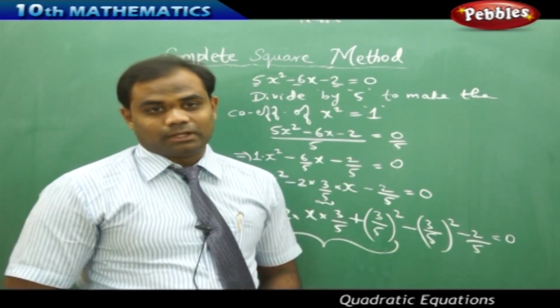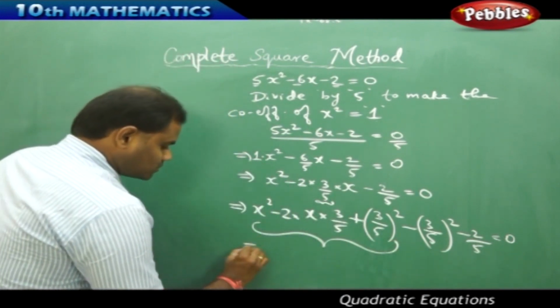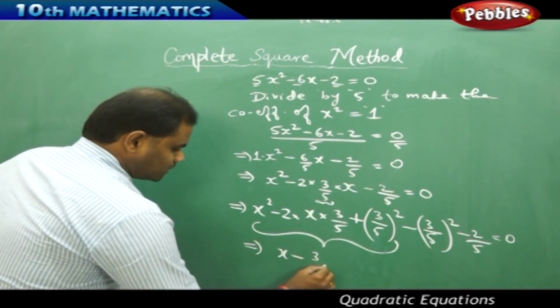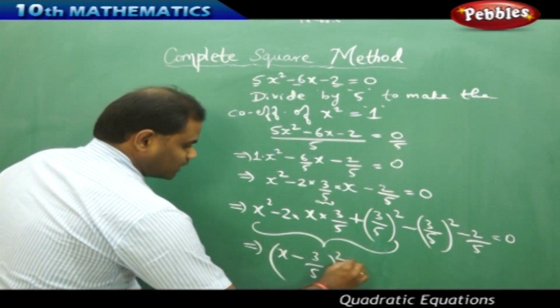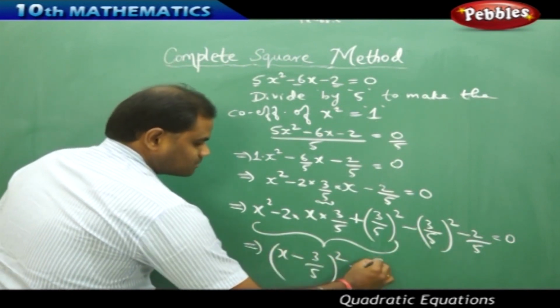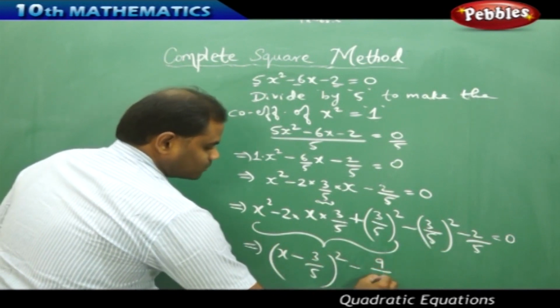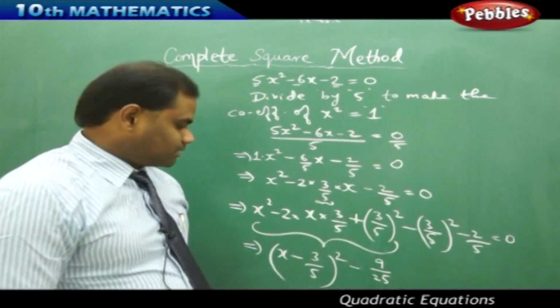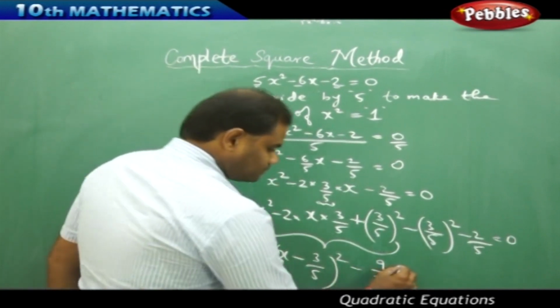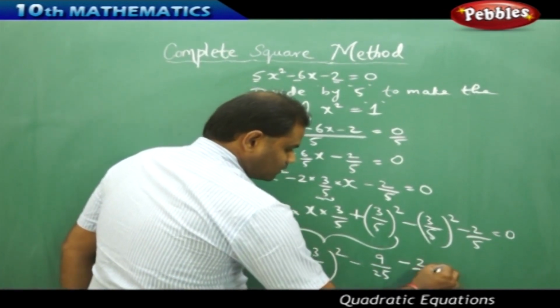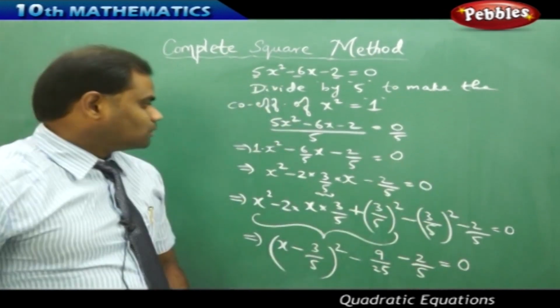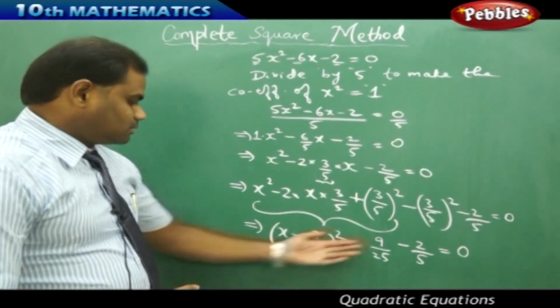We all know that formula. So if this is reduced to the form x minus 3 by 5 whole square minus, this can be simplified as 9 by 25, because 3 square is 9 and 5 square is 25, minus 2 over 5 equals 0, is how we obtain the perfect square.